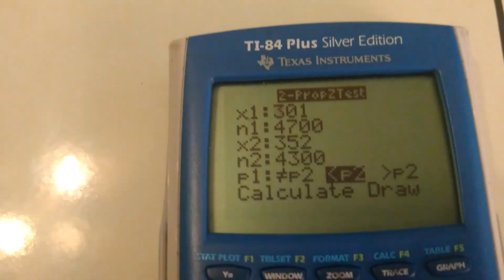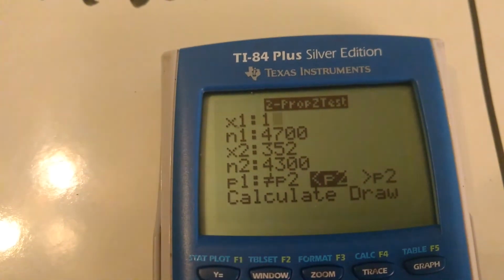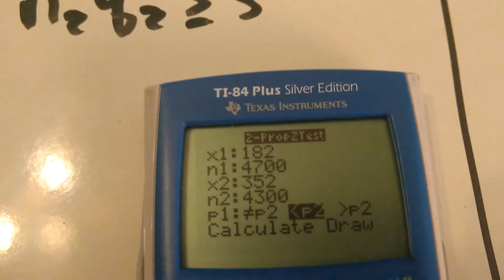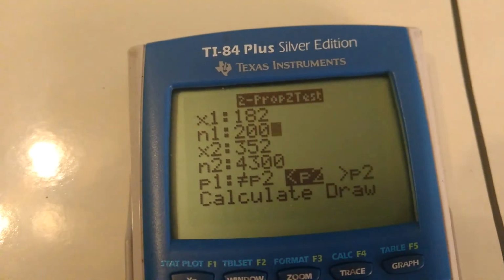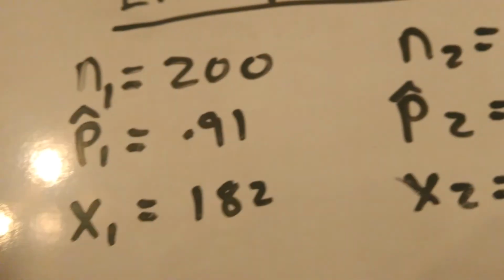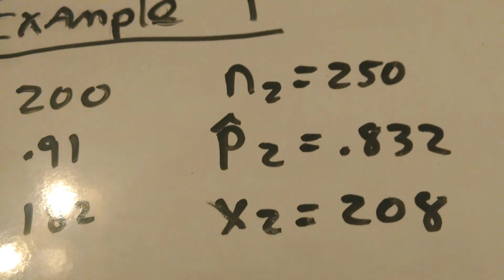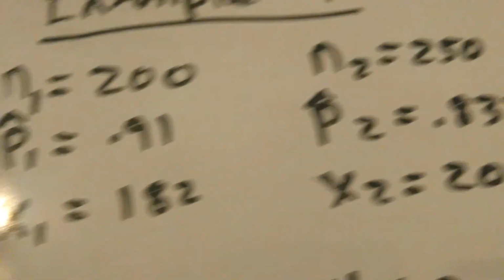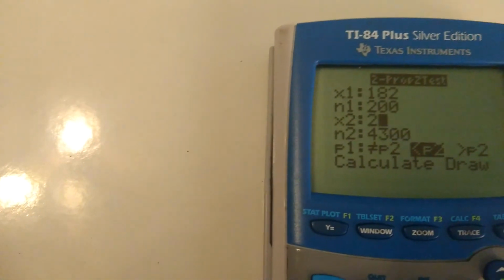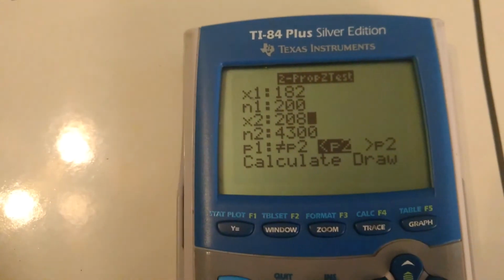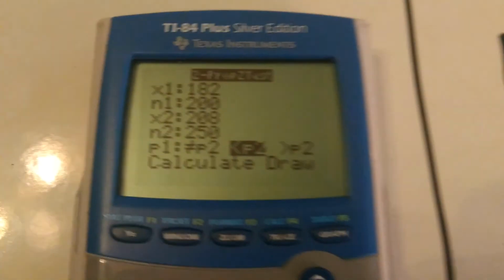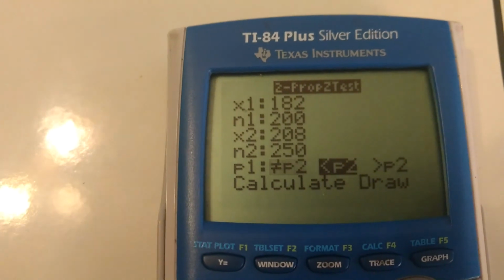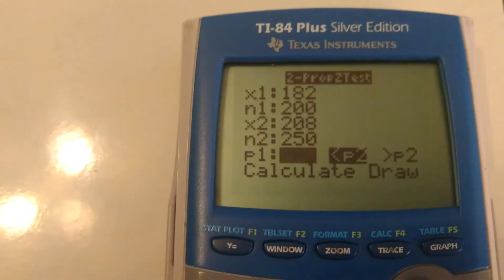So our X1 is 182, and our N1 is 200. And if we come over here, our X2 is 208, our N2 is 250. Okay, so notice that in this particular test, all we need is X1, N1, X2, N2.